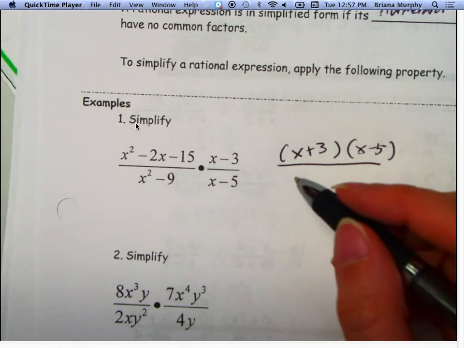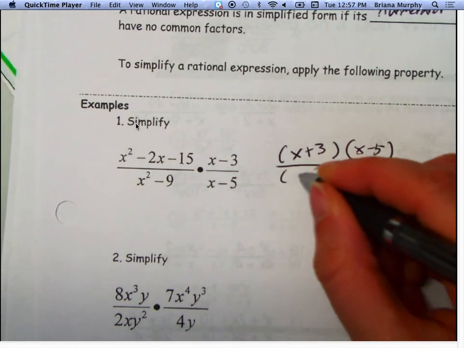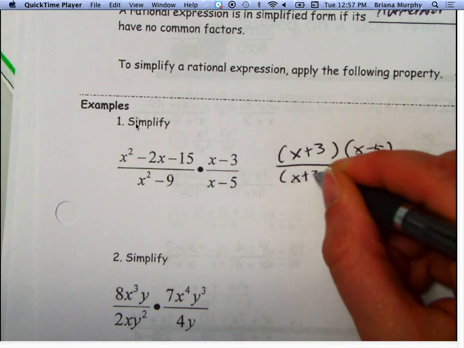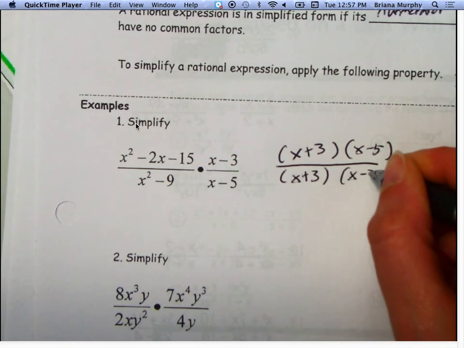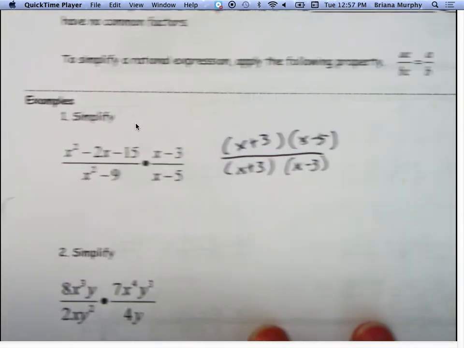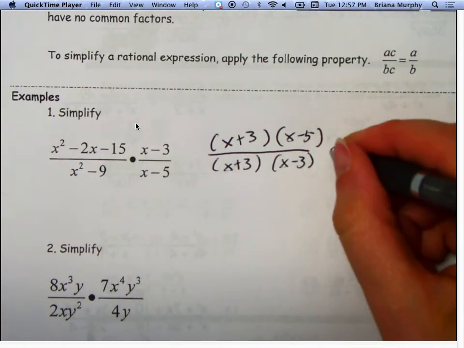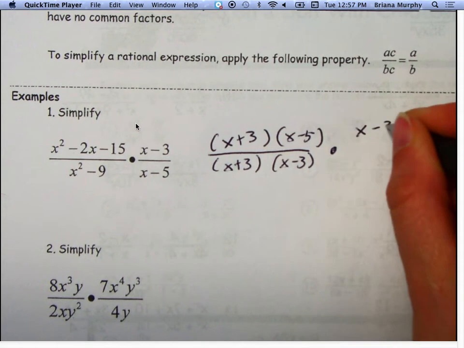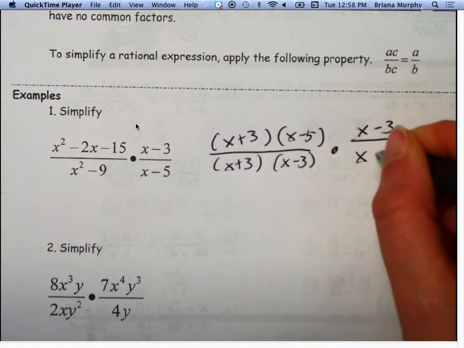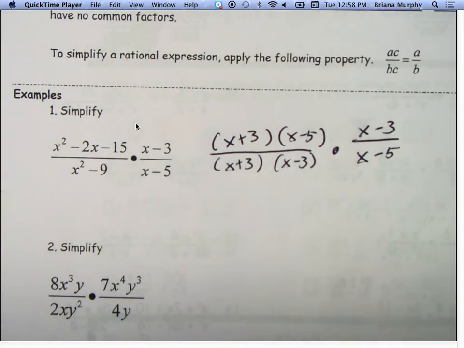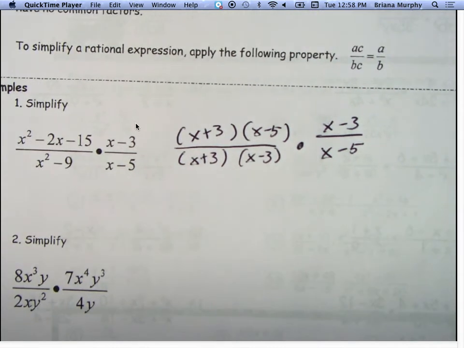X squared minus 9 gives me x plus 3 and x minus 3, right? Because it's the difference of two squares. Now I'm going to multiply that by x minus 3 over x minus 5.